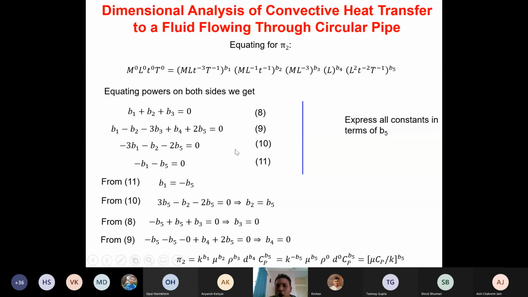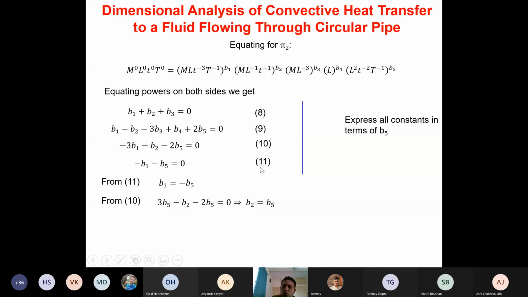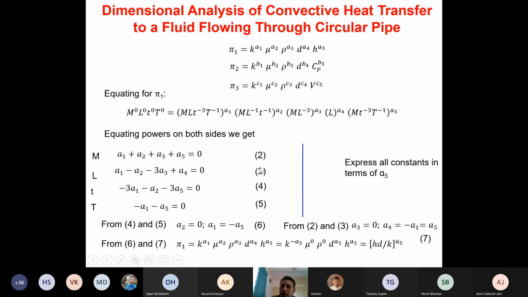Again, the choice of obtaining B1, B2, B3, B4 in terms of B5, isn't it? Why are we finding them in terms of A5 and B5? That is because in this equation, these are the three quantities which are varying. So that is why these four exponents we are obtaining in terms of A5, and these four exponents in terms of B5.